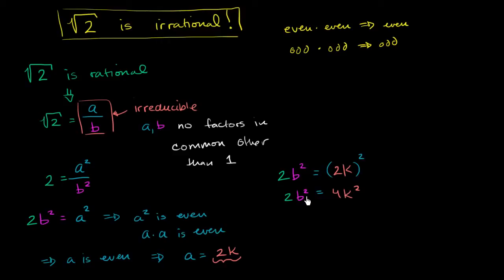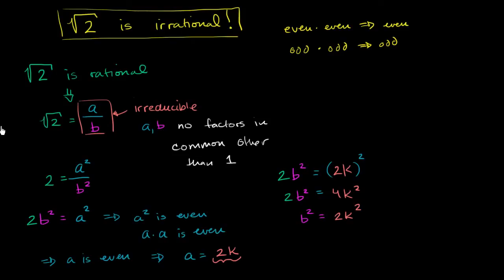And then you divide both sides by 2, you get b squared is equal to 2k squared. And this tells us that k squared is going to be an integer. You take any integer times 2, you're going to get an even value. So this tells us that b squared is even.